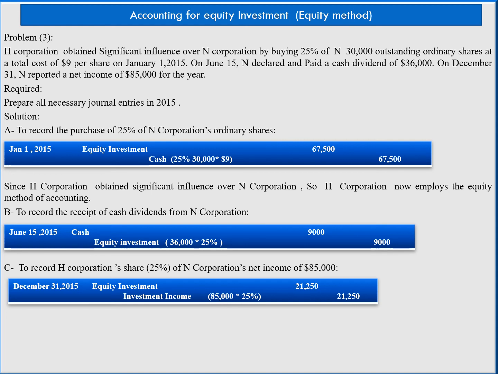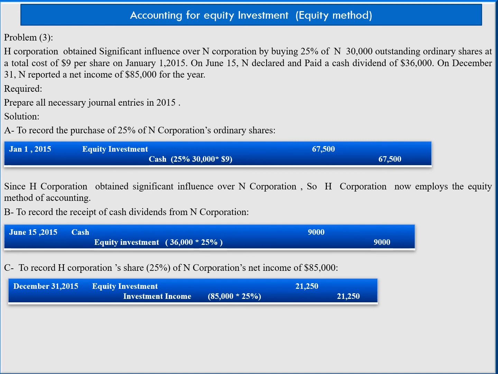According to the equity investment using equity method, number 1, we record the investment initially at cost. Subsequently, we adjust the carrying amount each period for the income reported by the investee and the dividend paid by the investee.